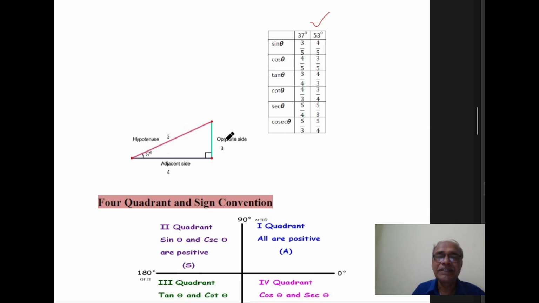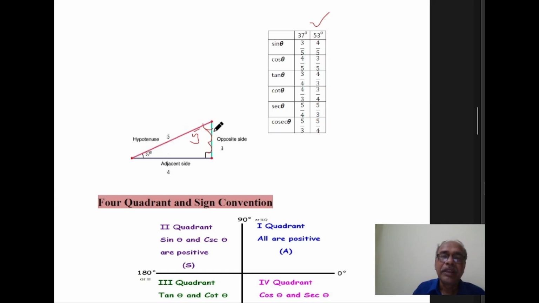The opposite side is 3, the adjacent side is 4, and the hypotenuse is 5. You remember it this way: 3, 4 and 5. And similarly here, if it is 37 degrees, obviously the other will be 53 degrees.